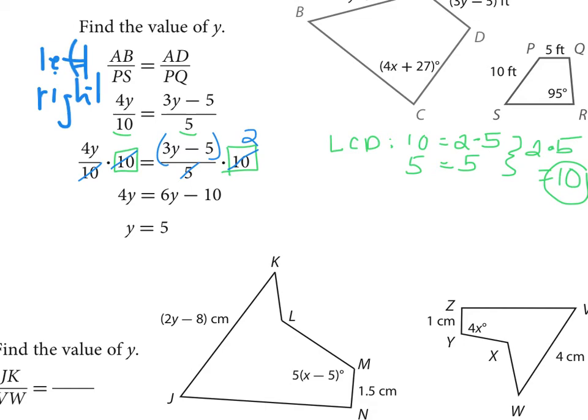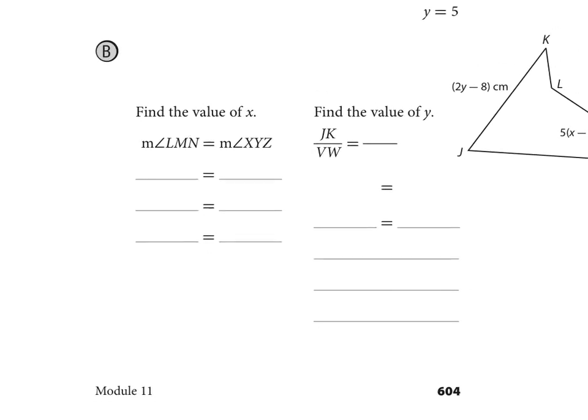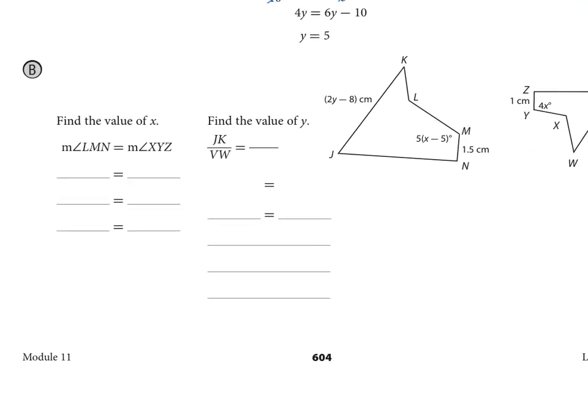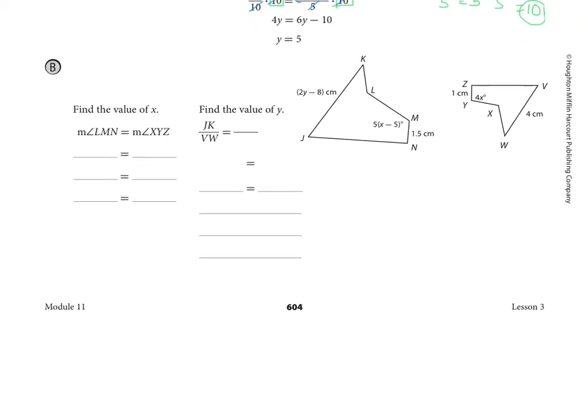Let's take a look at part B of example 2. Part B of example 2 says, we've got a couple new figures here, try to get them all on the same screen. It says find the value of x.